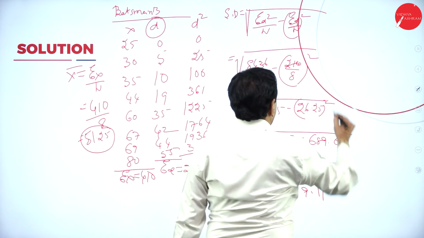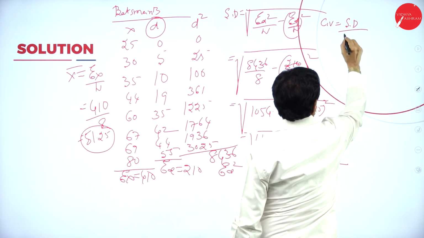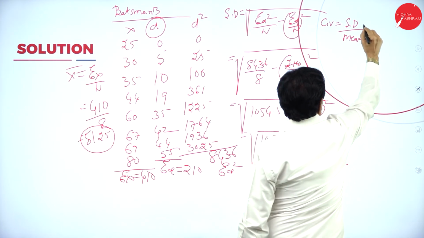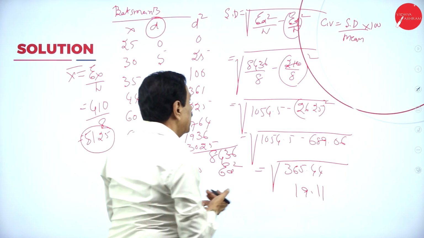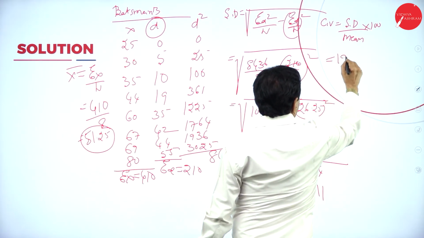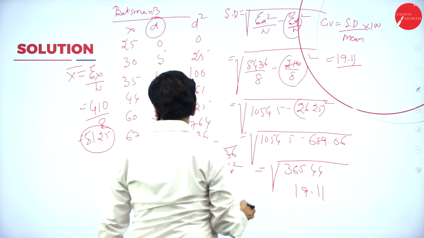Now, CV, standard deviation divided by mean into 100. 19.11 divided by your mean, 51.25.